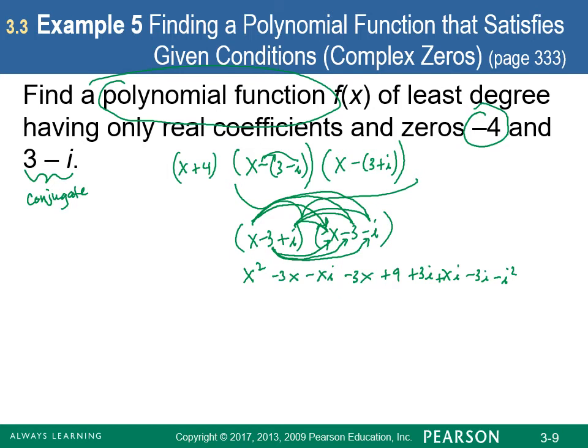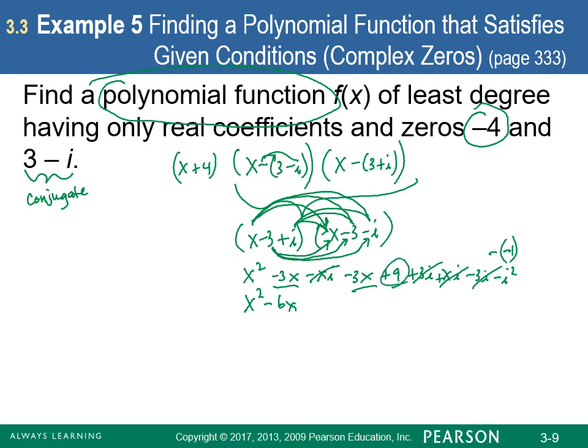Now you can see some of these will combine together. The x squared has nothing to combine with, but the two negative 3x's can be combined together. The negative xi and the positive xi will subtract out, as will the 3i and the minus 3i. We've done this before. The i squared is negative 1, and the minus on the front of that makes it a plus 1.